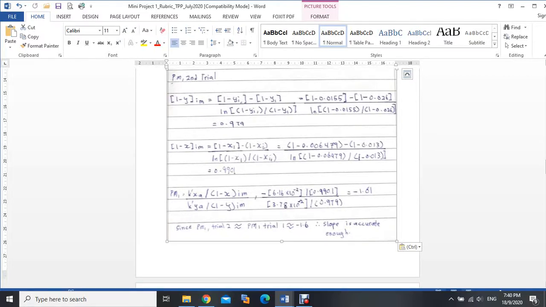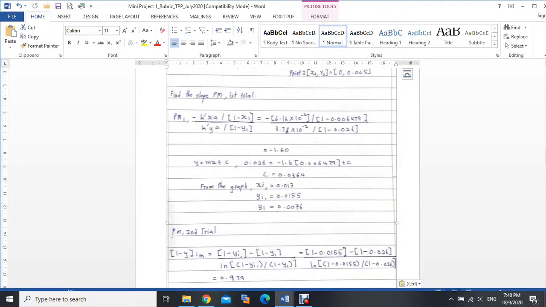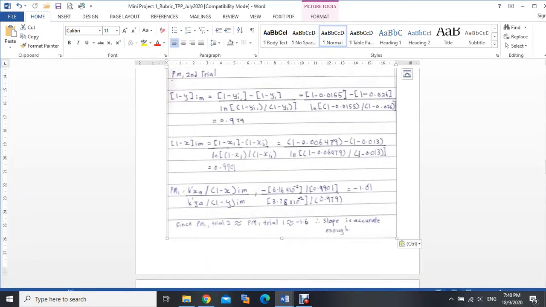Okay, and then we can see that the value of the slope of the first trial and the second trial are close to each other, and then we can say that the slope is accurate enough.